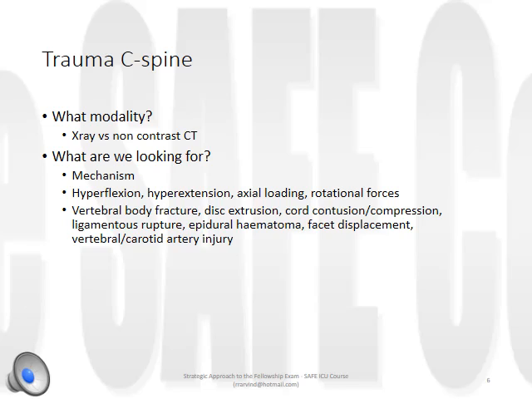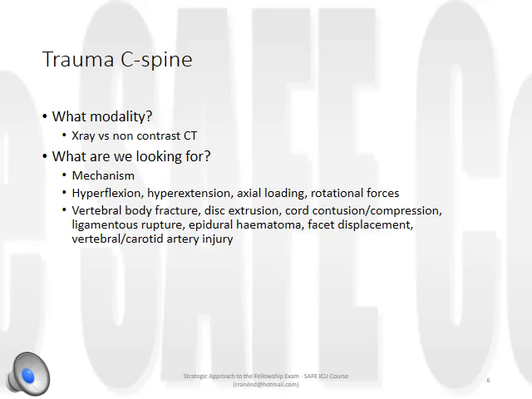You can't get them to cooperate because of their immobilization devices or other injuries to get into the required positions. So other organisations such as EAST, for example, are suggesting that CT should be standard, in which case you'd be doing sagittal, axial and coronal with reconstructions, multi-slice, fine cuts.